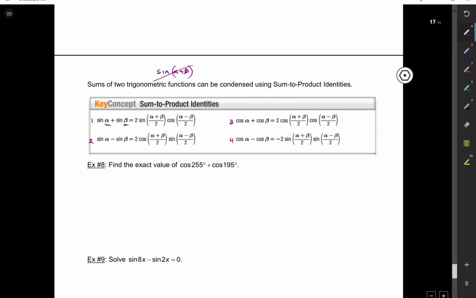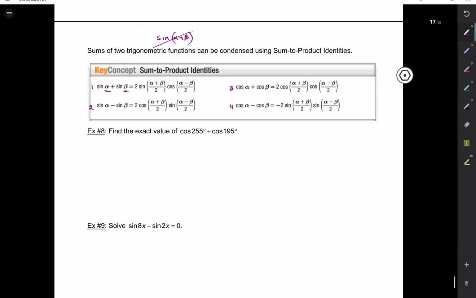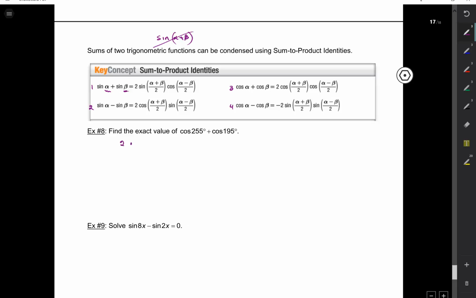Of these four, which one are we going to use for cosine 255 and cosine 195? Number 3. So it's going to be 2 times cosine of alpha plus beta over 2, so 255 plus 195 over 2, times cosine of 255 minus 195 over 2.